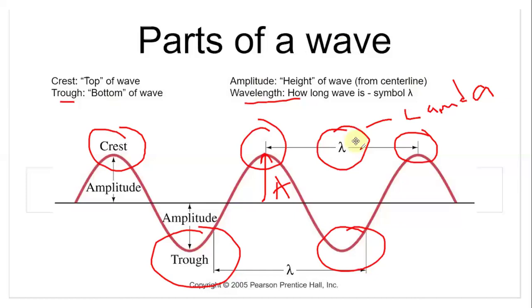So wavelength is denoted by lambda, and it's just the distance between two troughs, or two crests. From the highest point of this wave to the highest point of the wave again is the wavelength. From the lowest point of this wave to the lowest point of the wave again is also the wavelength.